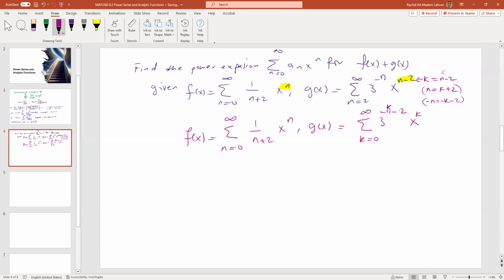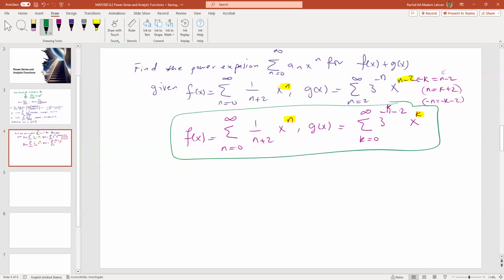All right, so someone may say, well, you can do it now because you have n and k, but we can, because look, it doesn't matter what the variable is. I can rewrite this now as n. So let's say I pretend now this is what I have, right? So the question, can I add these two? If you say now this is i, I can rewrite even all of them as i, right?